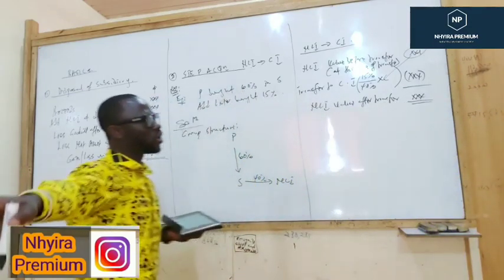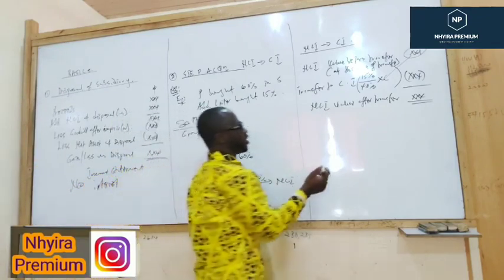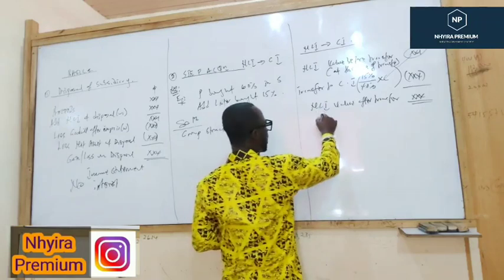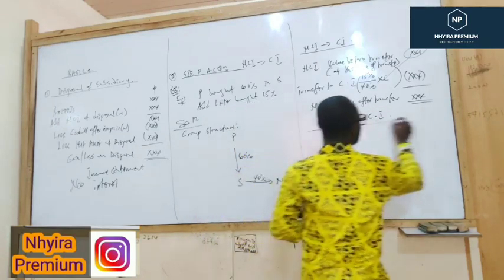Now, at the end of the day, this is where your question comes in. So, what is the effect of this on the controlling interest? Let's look at the effect on the controlling interest, that is on the parent. Simple.